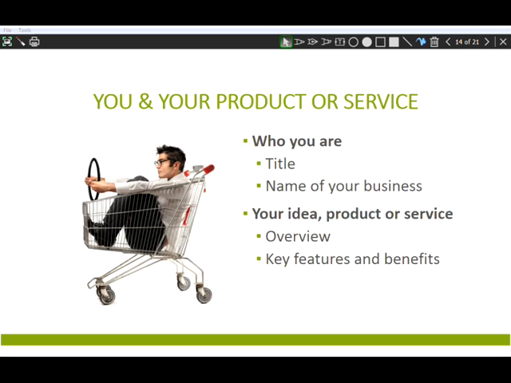So for example, if I ran a dry cleaning business, that's where, in the U.S., we have clothes that need to be cleaned professionally. If I had a business that did that for individuals, the way that I would probably describe my product or service would really be, I'm a dry cleaner.